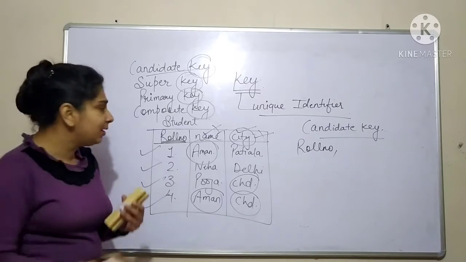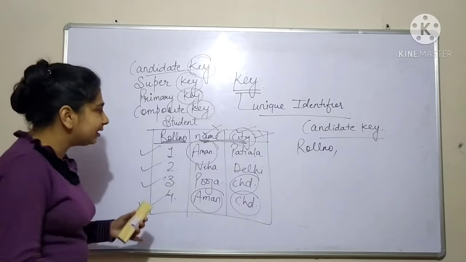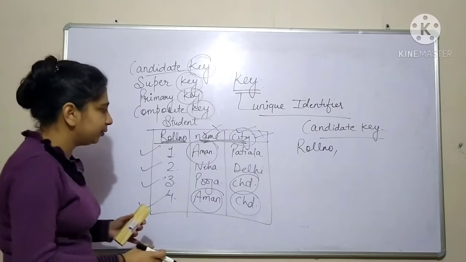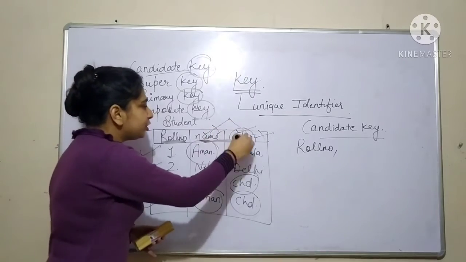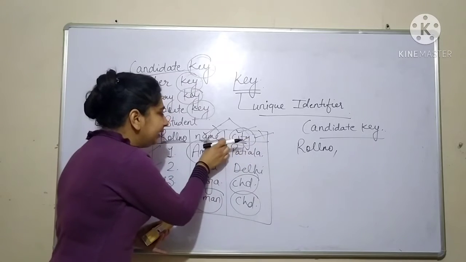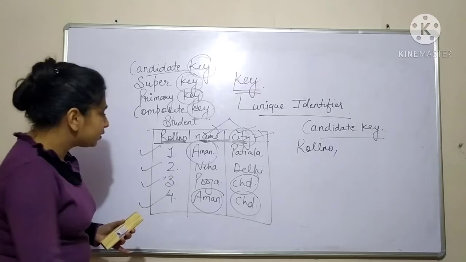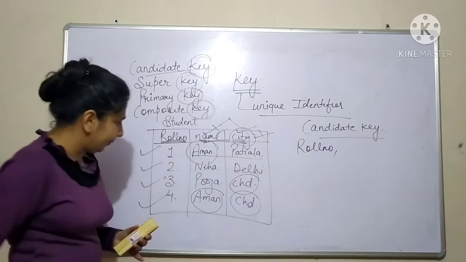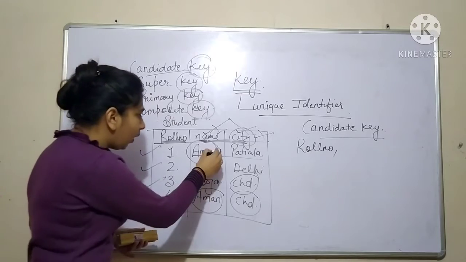Okay, so now let's combine these two attributes. We have to determine the key attribute. We can also make a composition of the two attributes. We can also combine two attributes. Okay. So if you look at Aman and Patiala, do you get another record like this?